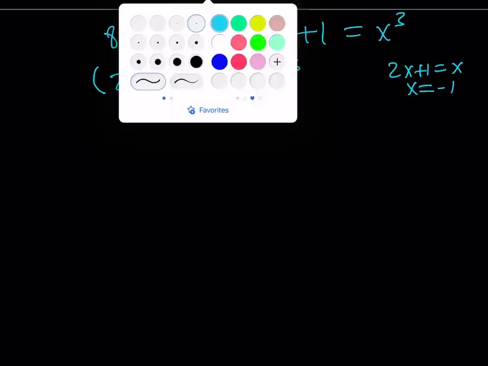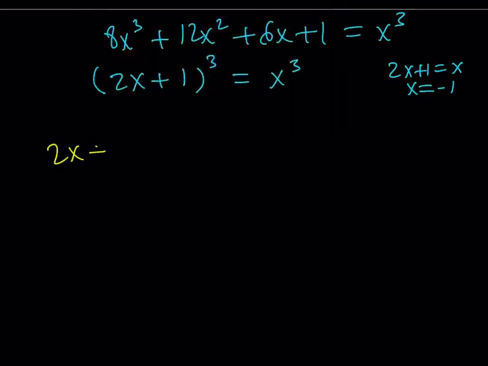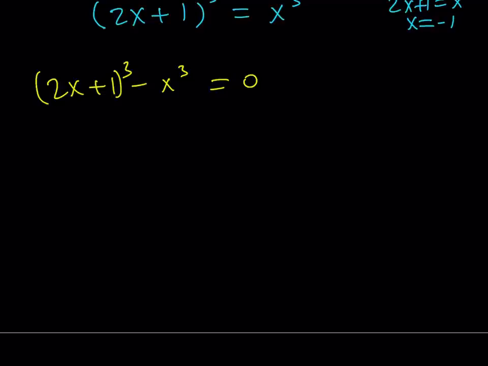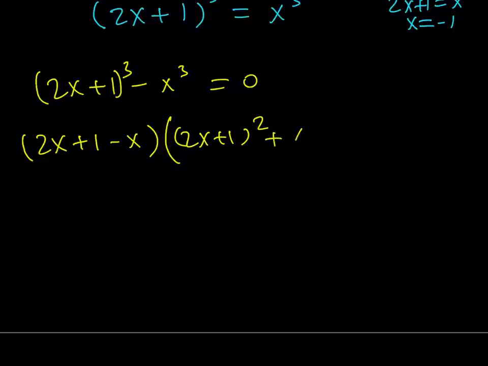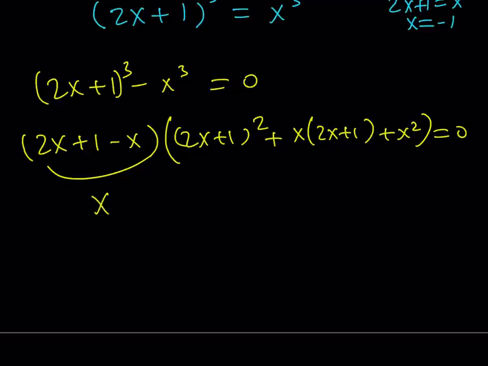All right, so I'm going to be subtracting x cubed. And guess what? This is a difference of 2 cubes. Yay! I can factor it as a minus b, and then a squared plus ab, which is x times (2x plus 1), plus b squared, and set it equal to 0. And you guessed it right. One of the factors is going to be x plus 1.